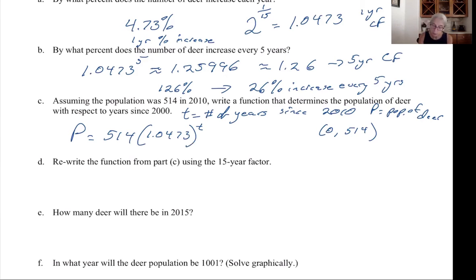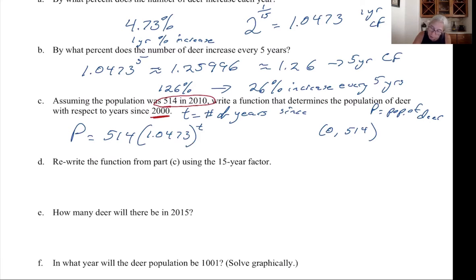oh, what did I just do? I just made a mistake, didn't I? Because 514 was in the year 2010, but my T is supposed to be in the years since 2000. You have to be very careful when you are reading the problems, but not only that, when you're defining your variables. So T is not the number of years since 2010.